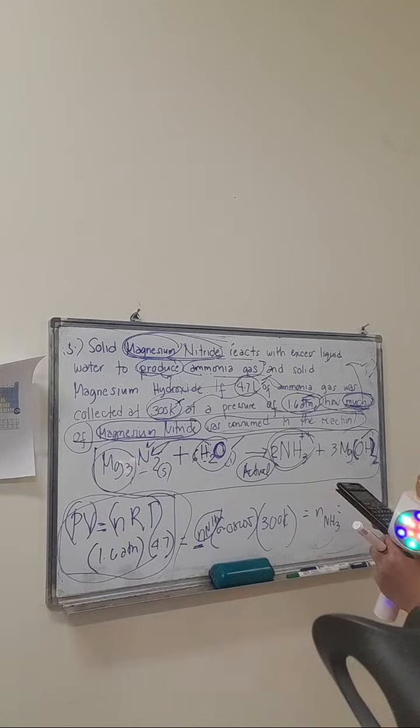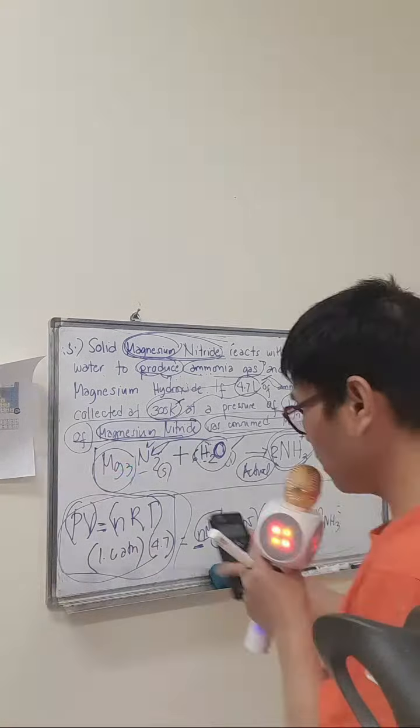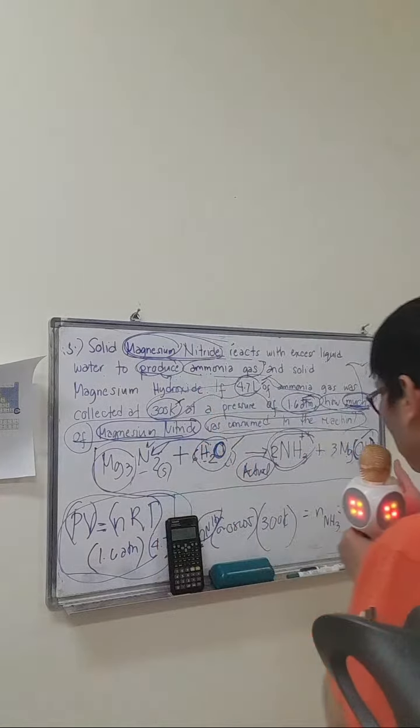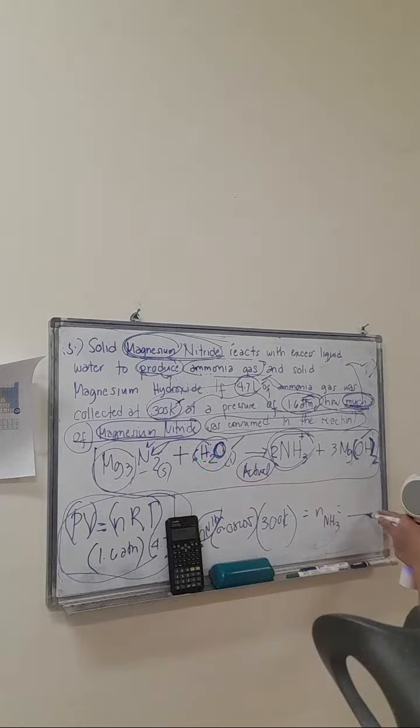Okay, 300 times 0.08205, 24.6115. Okay. 24.615. Talaga, ang ganon, sa ubos.